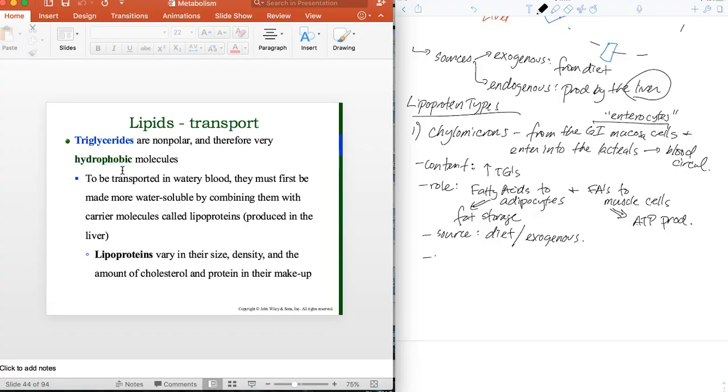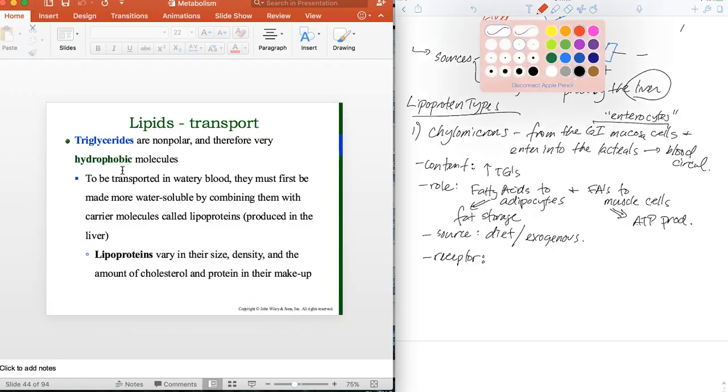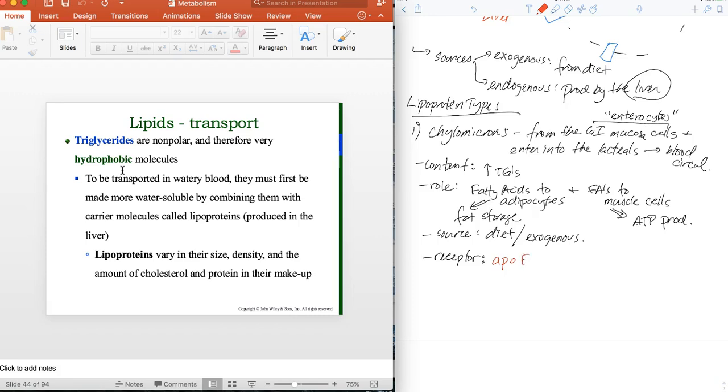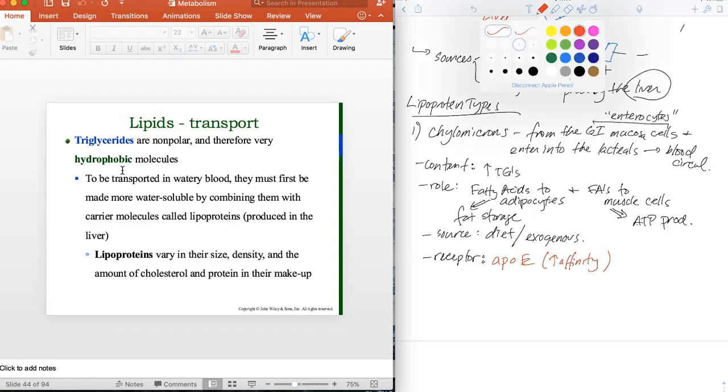They do have a receptor on their surface. Kind of a unique concept, but we alluded to it a little bit. It's an ApoE receptor. Turns out ApoE has high affinity, okay? If it's high affinity, will it get picked up by the liver rapidly? The answer is yes.